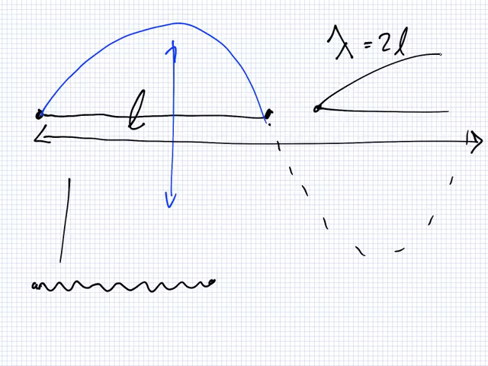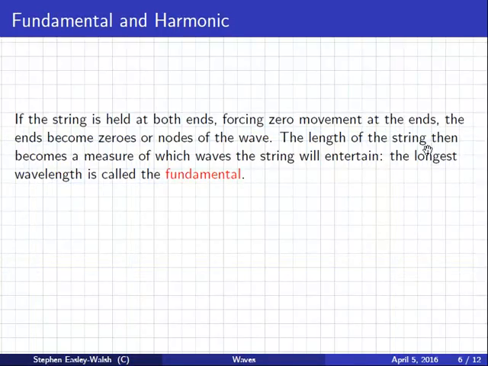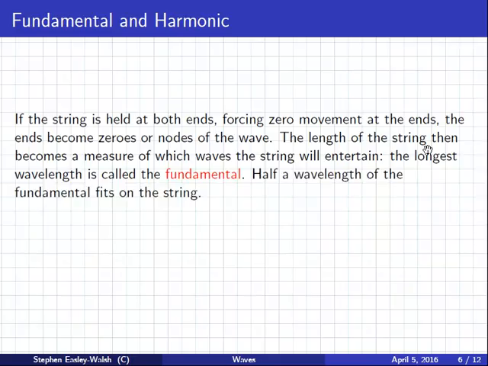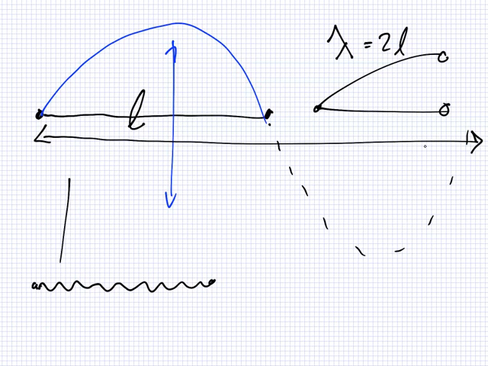Like this, it is now no longer attached to the musical instrument. So the biggest wave we can make is called the fundamental wave. Usually this comes up in the context of musical instruments, but not always. Half a wavelength of the fundamental fits on the string. So we can get half the wave in.